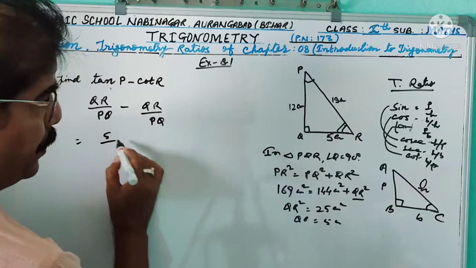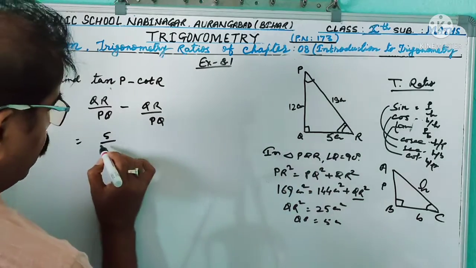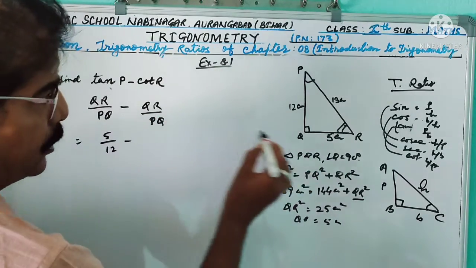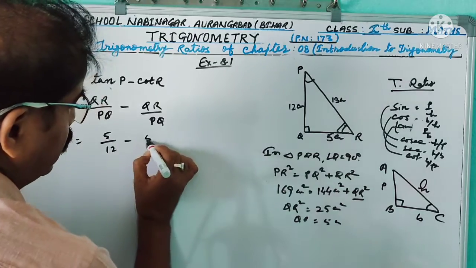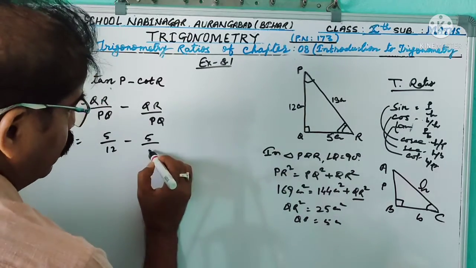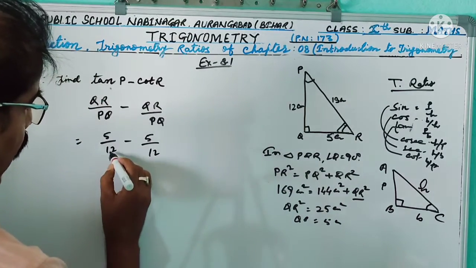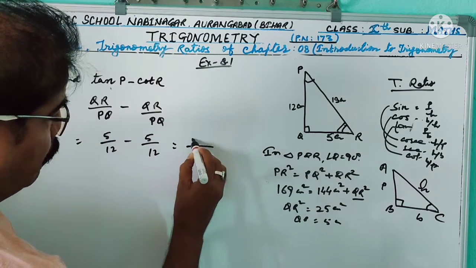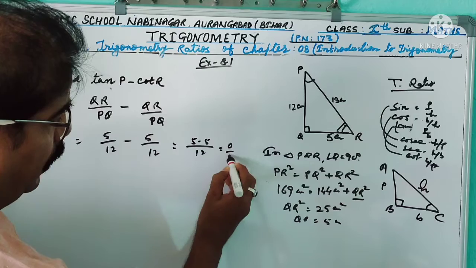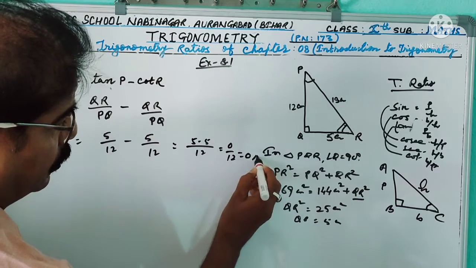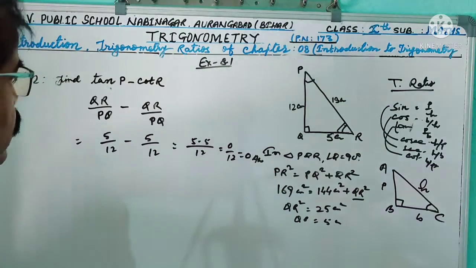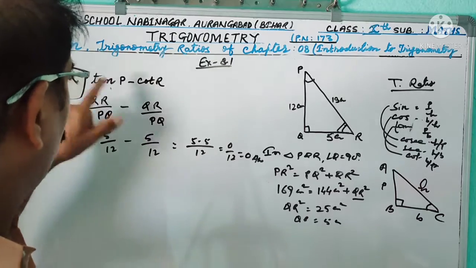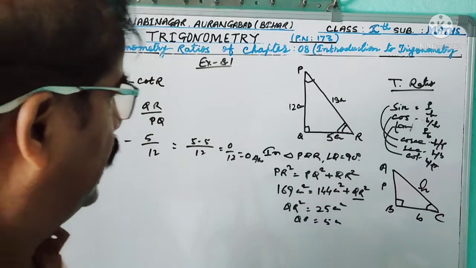So 5 by PQ, PQ equal to 12 centimeter. 5 by 12 minus 5 by 12, 5 minus 5, 0 by 12 equal to 0, answer. Dear friends, solution of question 2 is 0.